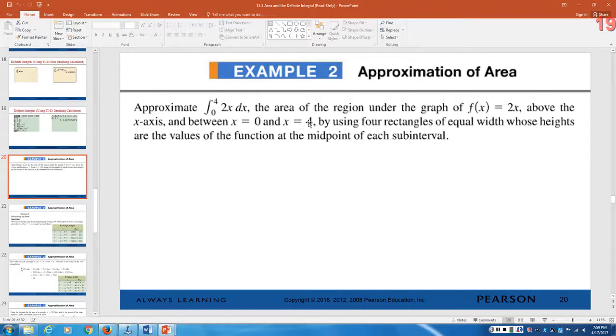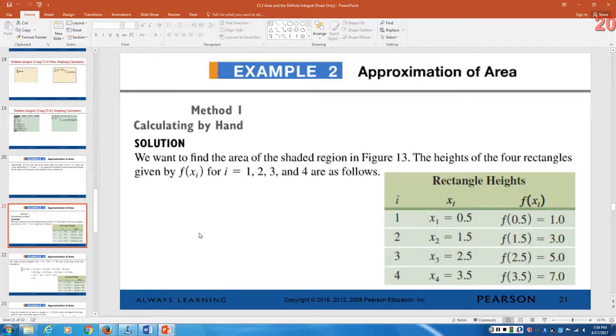In other words, that's above the x-axis between x equals 0 and x equals 4. That's what this actually says. Find the area underneath f of x equals 2x that's above the x-axis and between x equals 0 and x equals 4. And we want to use 4 rectangles of equal width, and the heights are the values of the function at the midpoint of each subinterval.